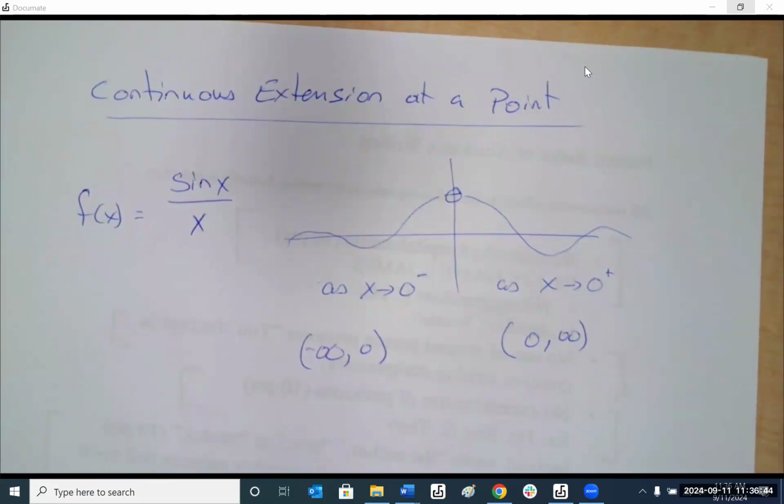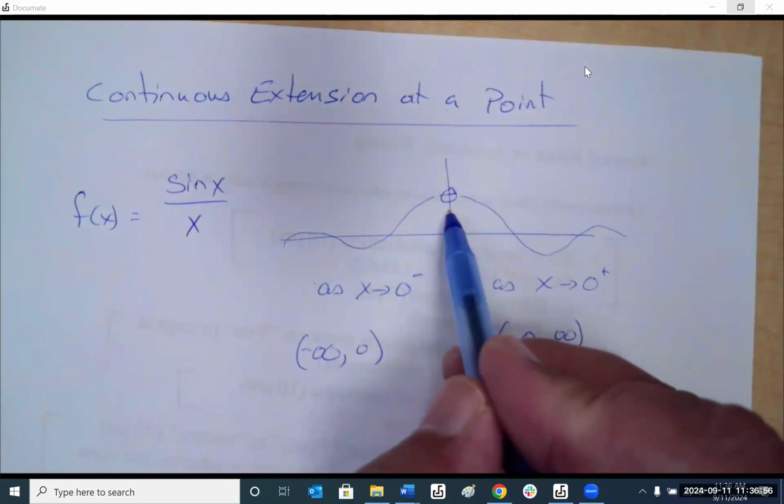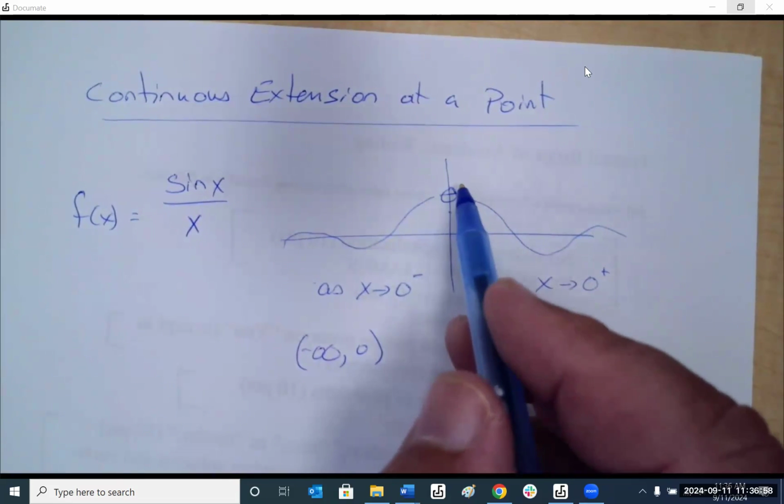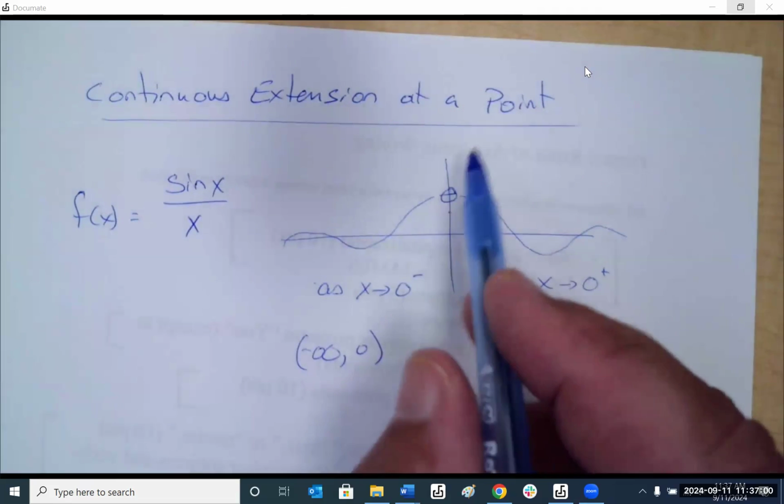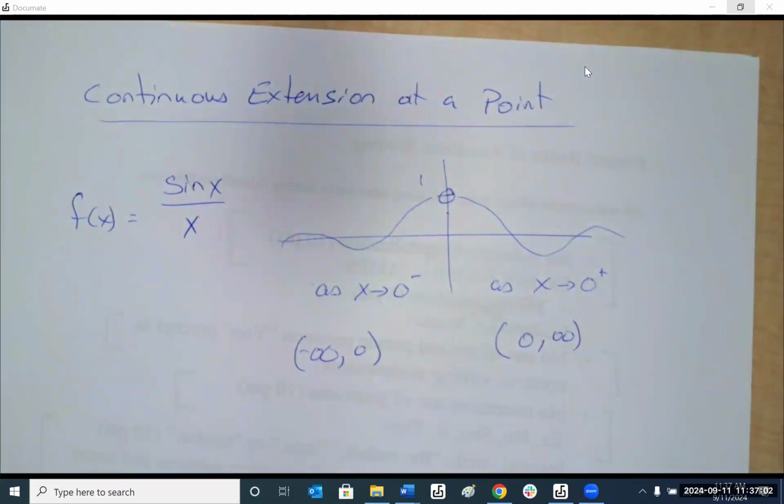So is the function continuous in the whole entire domain? No. Well, the domain was all real numbers. Or is it continuous everywhere? No, because it has an open circle there. The limit exists. But remember, for it to be continuous, what are the 3 conditions that have to exist?